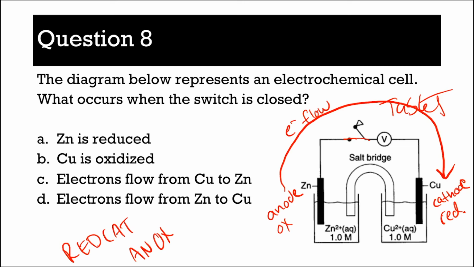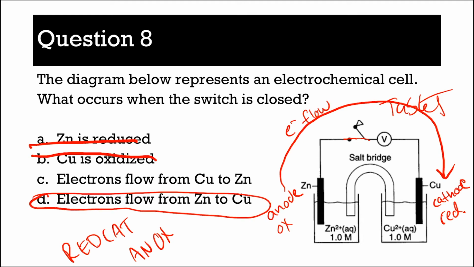So A says zinc is reduced. That is wrong because zinc is being oxidized. B says copper is oxidized. That is wrong. Now we're talking about electron flow. We know it flows anode to cathode, and we have determined that zinc was the anode. So electrons have to flow from zinc to copper.